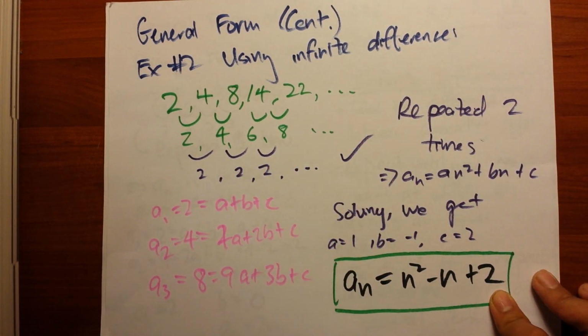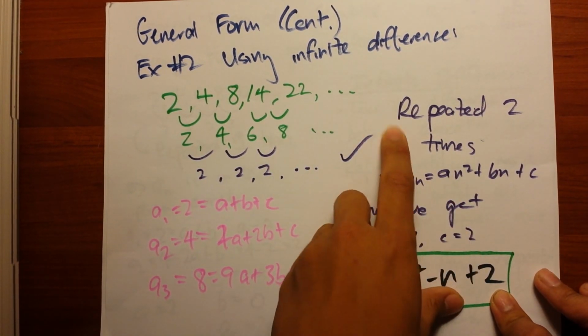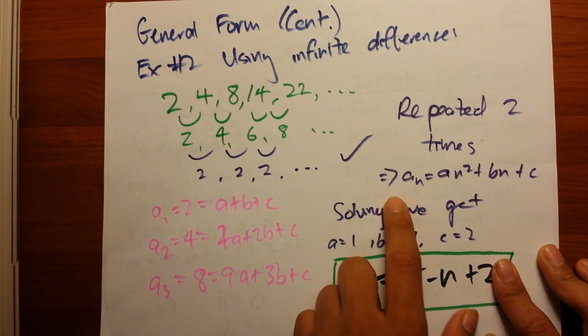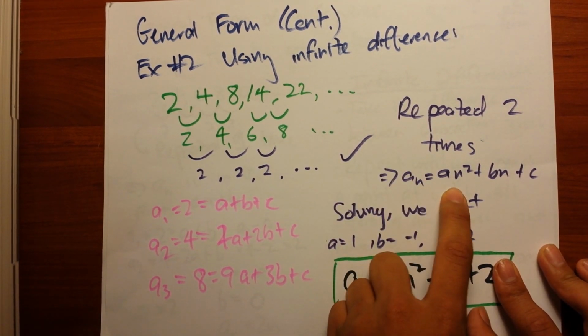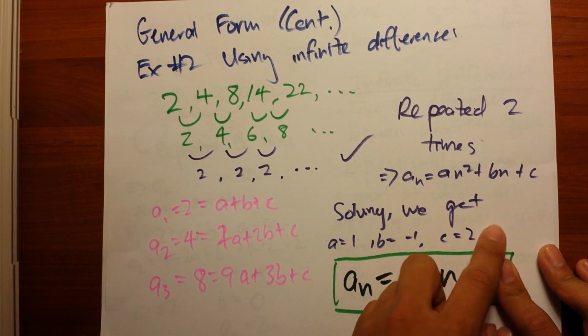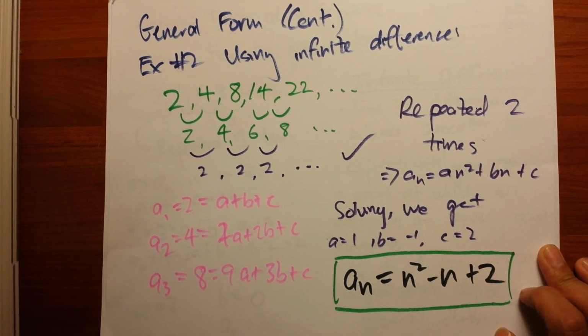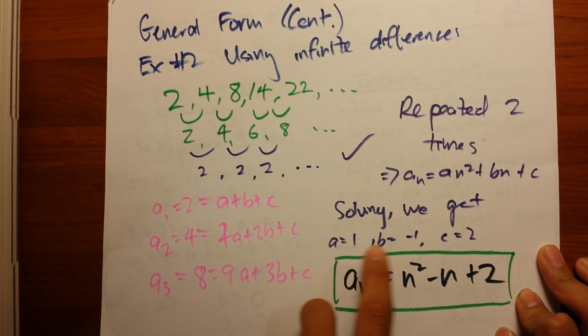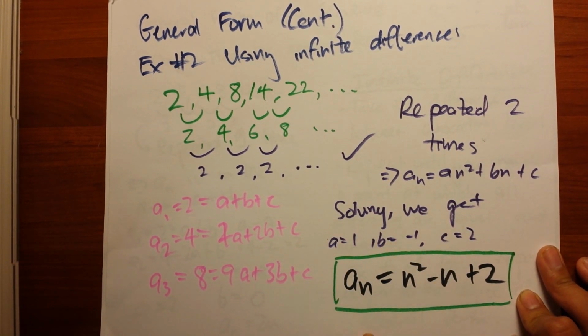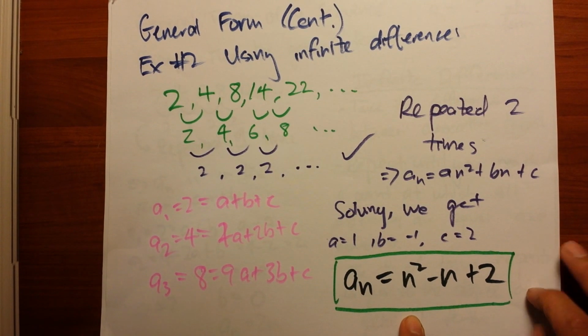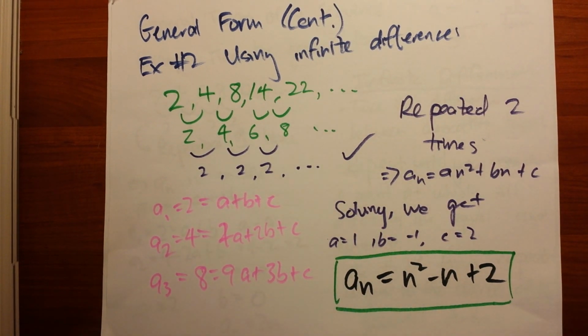Now this works. We repeated this 2 times, so we know the general form is an = an² + bn + c. Going back and solving with a system of linear equations, we get a = 1, b = -1, and c = 2. So the general form is an = n² - n + 2.